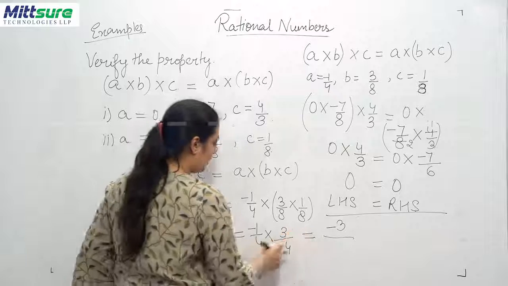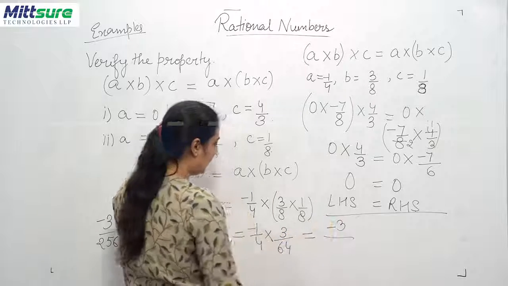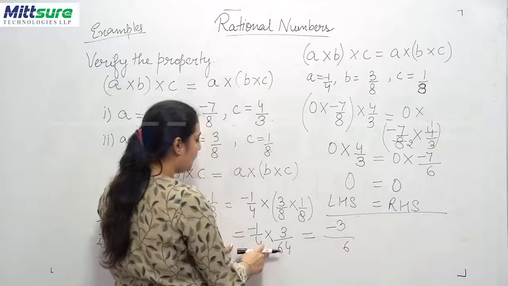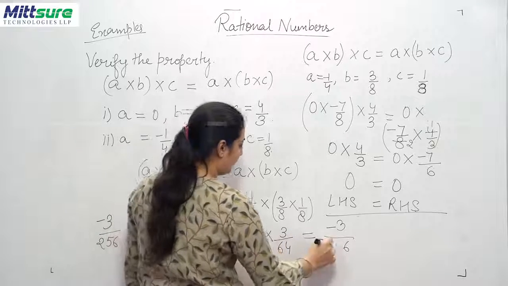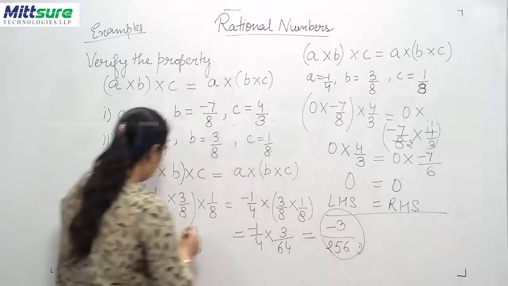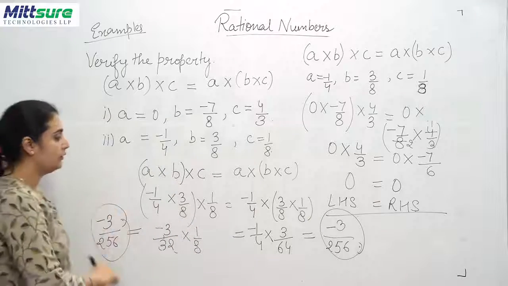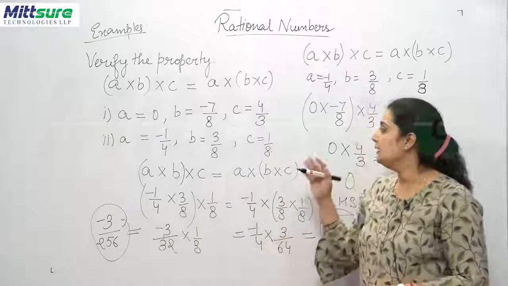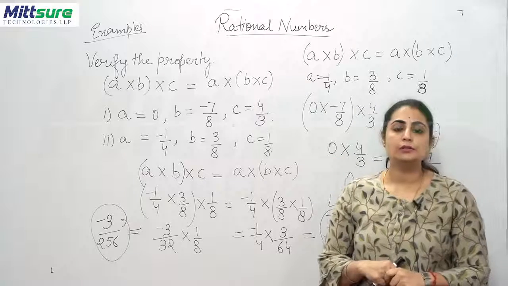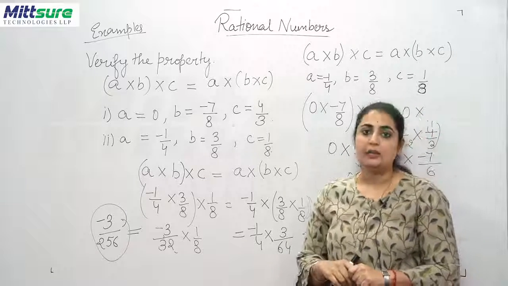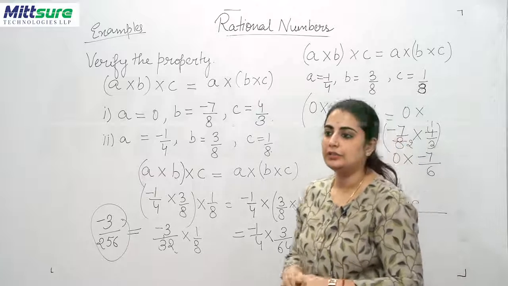Again in this also I am getting minus 3 in the numerator. 4 4s are 16. Okay, 4 6s are 24 plus 1 is 25, so 256. So here and here both sides I am getting the same answer. So again the LHS is equal to RHS and we have verified the given property. Now let us come to the next topic.